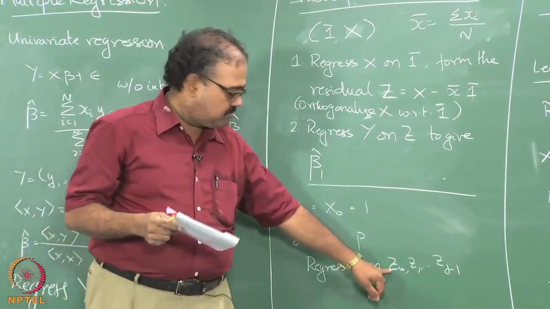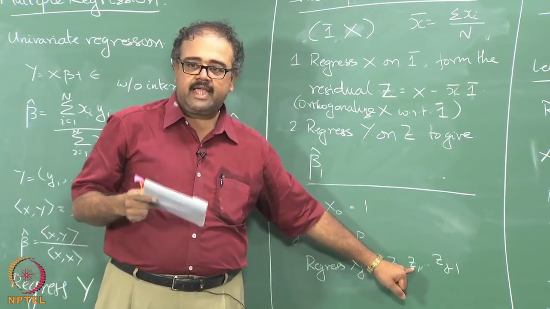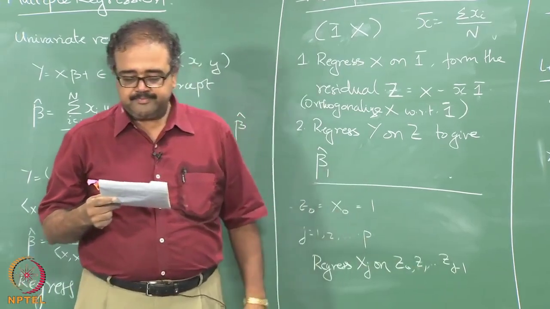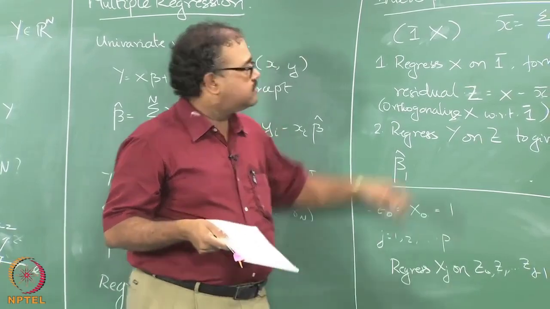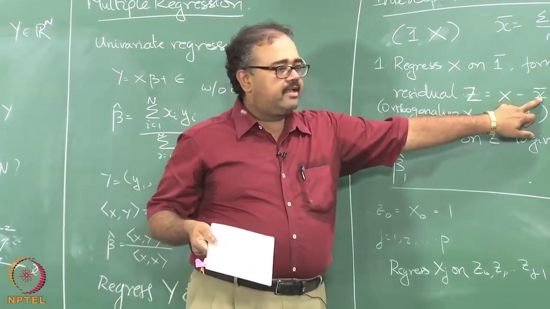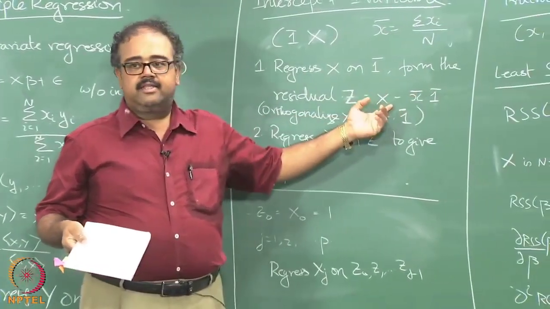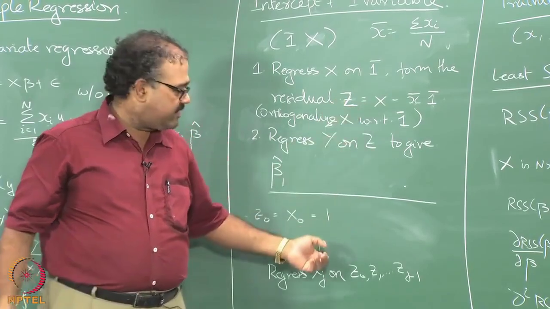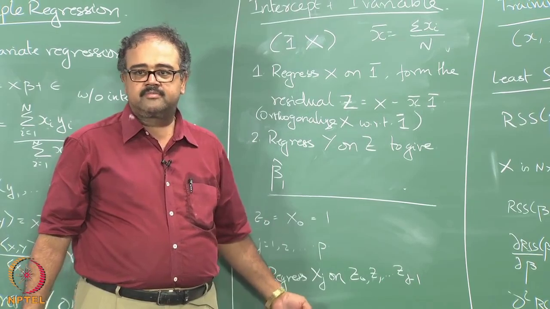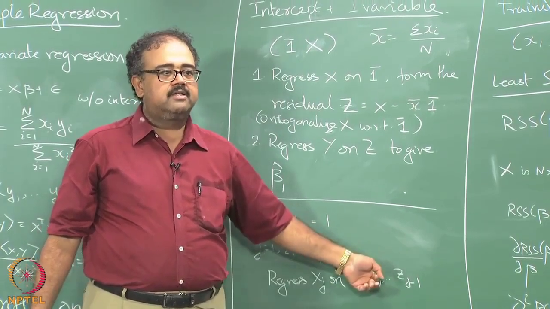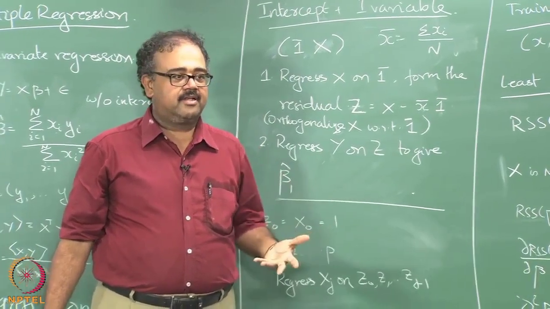So how would I have determined z0? Well, z0 I start off with; z1 would have been obtained by regressing x1 on z0 and then finding the residual. So that is what we do here, right. I take x bar; basically I have regressed x on 1 bar and then take the residual and make that z. Likewise I will regress x1 on z0, take the residual and use that as z1. Then I will regress x2 on z0 and z1, and then take the residual.